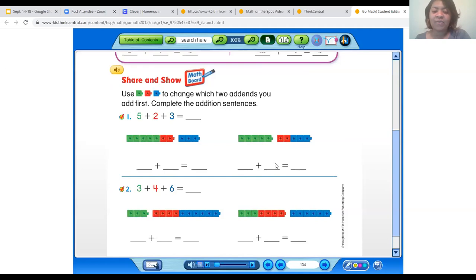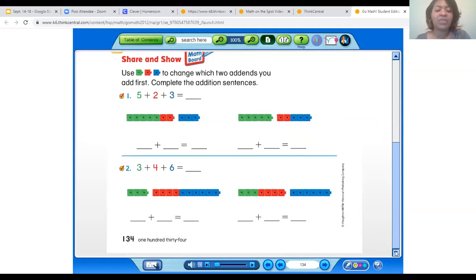So we're going to put 5 right here. So we have 5 green plus red and blue. 5 plus 5 equals 10. Good job. And it's the same sum. They were just completed differently. The add-ins were just in a different order.